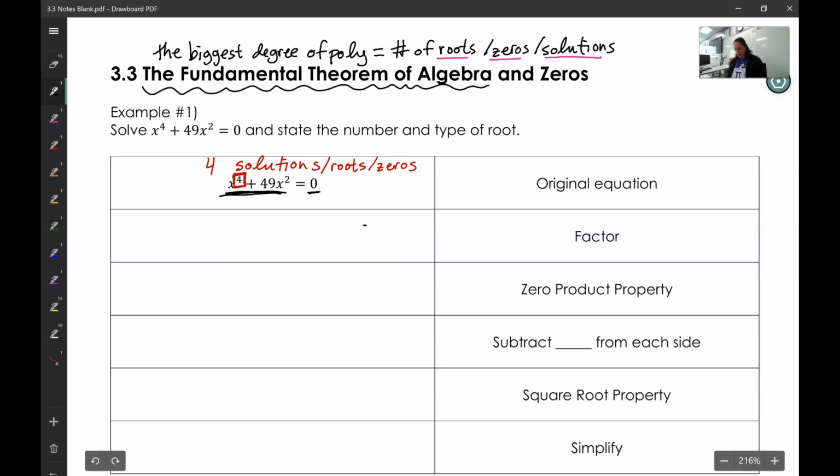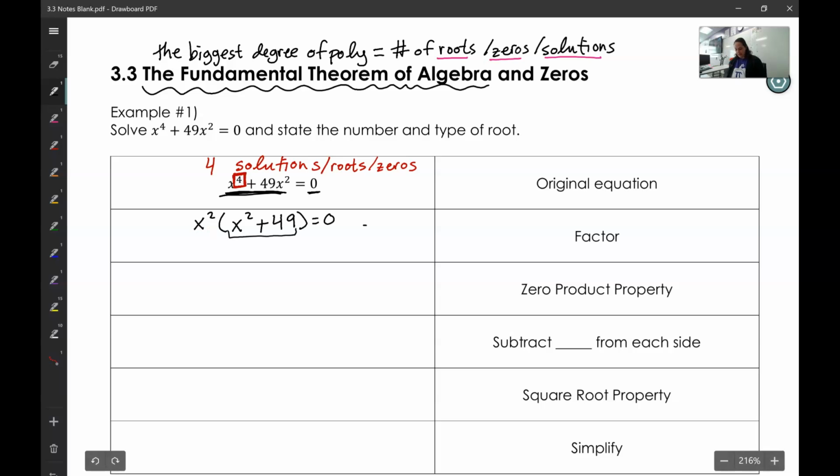If I'm going to solve this equation, the first thing I'm going to do is check for a GCF. Well, I see they both have an x squared in common, so I'm going to take that out. Now I'm going to check to see if I can factor anything else as much as I can. Well, I can't factor that, so that's done.